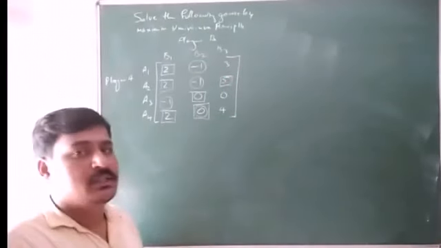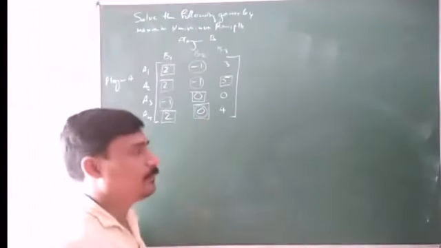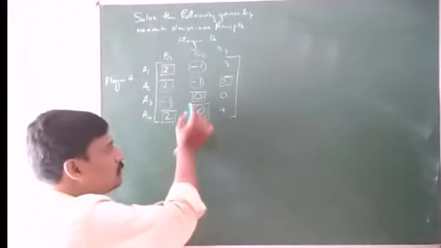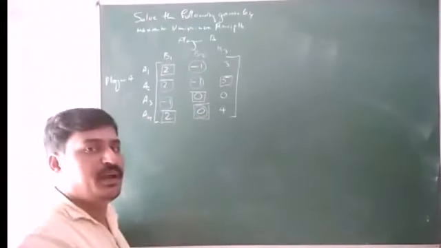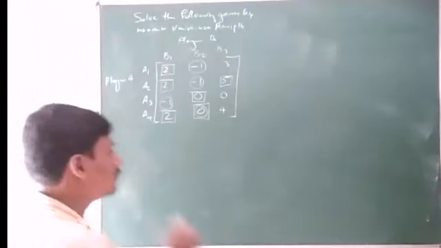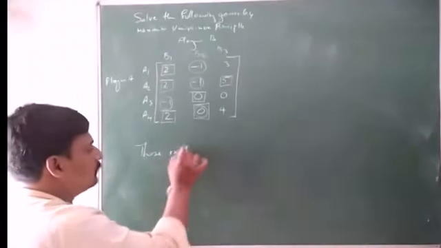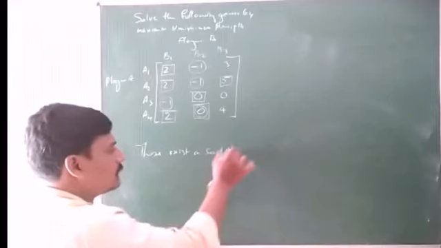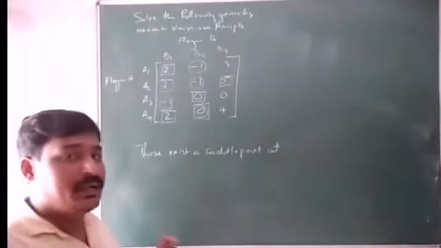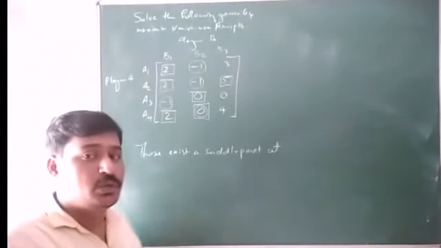Is there any point which is marked with both the circle and box here? A4 and B2. So A4 and B2 is marked with both a circle and box. So there exists a saddle point, at the position A4, B2, that is fourth row, second column.